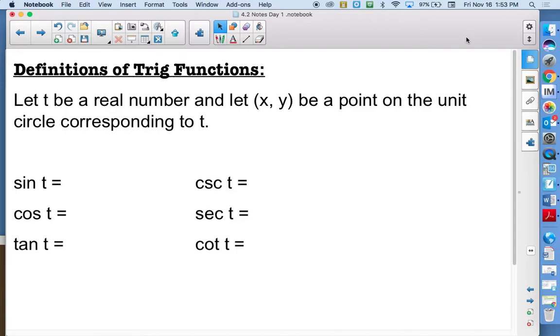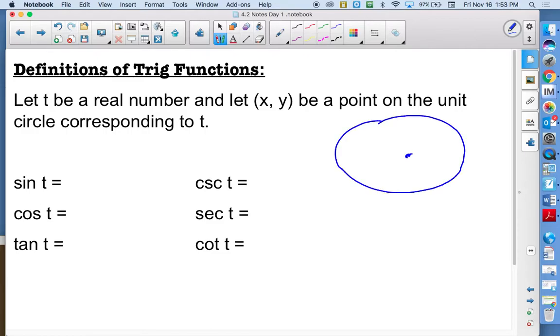This is 2h. At the top of 2h, it tells you the definitions of the trig functions. So let t be a real number and (x, y) be a point on the unit circle corresponding to t. That was a diagram that we were just looking at. So here's t. There's a value (x, y) that corresponds with that point.